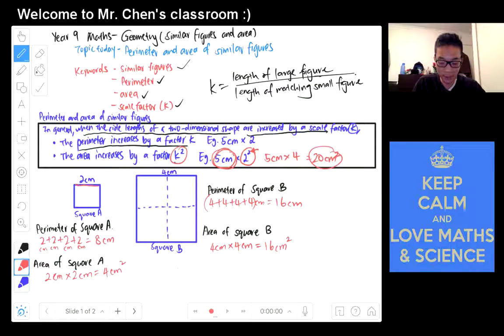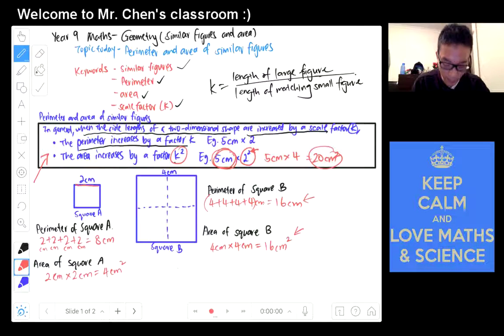So what that means here is, let's have a look at whether these rules apply. Technically I don't have to calculate it all out. As long as I know the scale factor, I should be able to know the perimeter of square B and the area of square B without doing all these things.